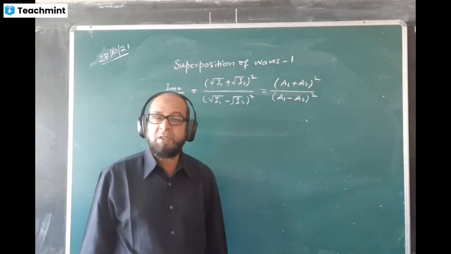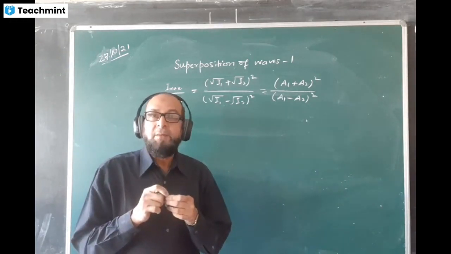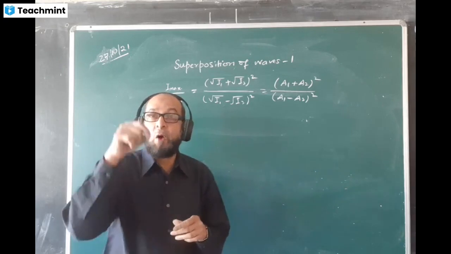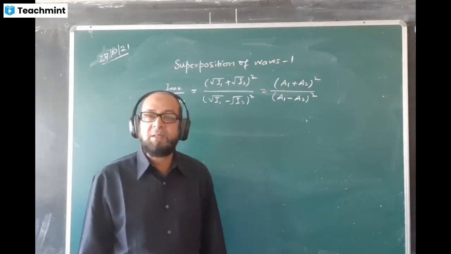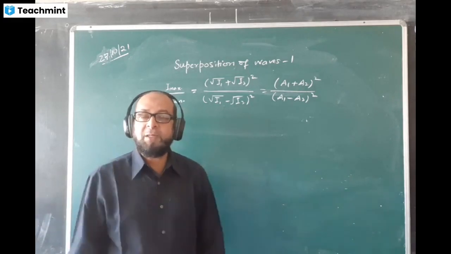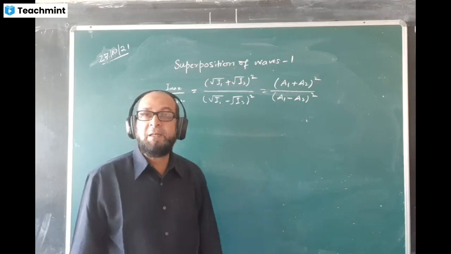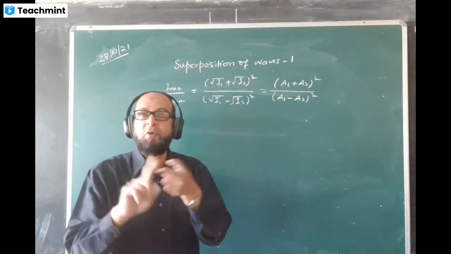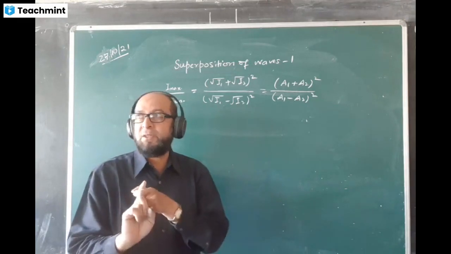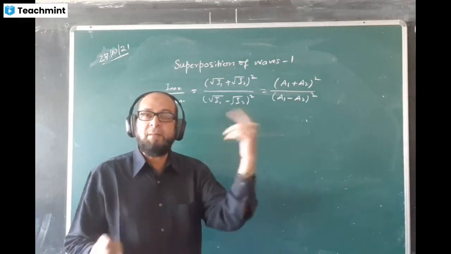For interference, the two waves must come out of a single source and meet, and you superpose them. Then the interference will take place. It all depends upon the angle: if the angle is 0 degrees, maxima; 360 degrees, maxima; 720 degrees, maxima.